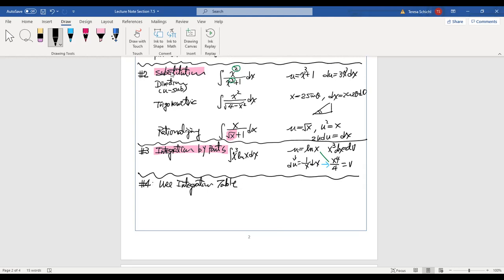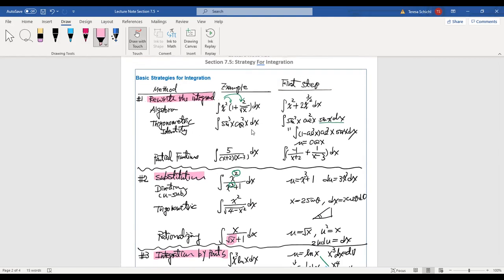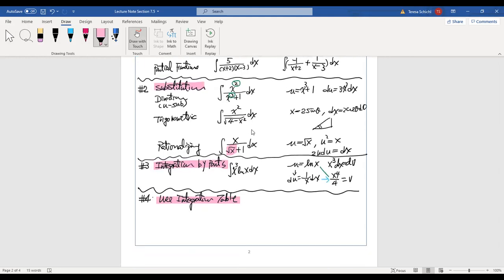And then you just take a look to see if your integral matches any of the forms in the table, right? Then you'll be able to use the integration table and find the integral here. So that will be our last one. If you really run out of options and you don't know how to do it, then you probably go check the integration table.